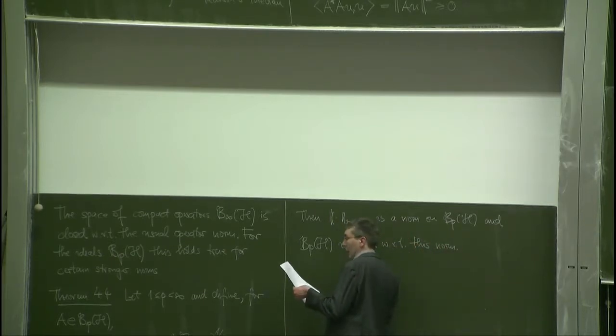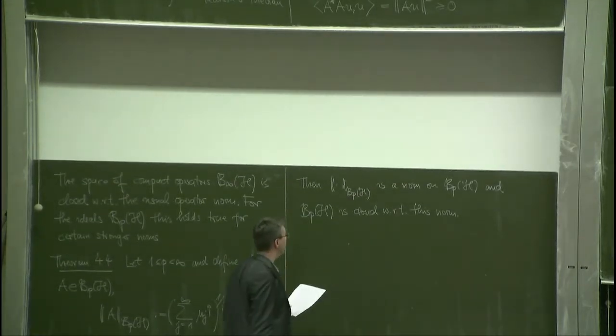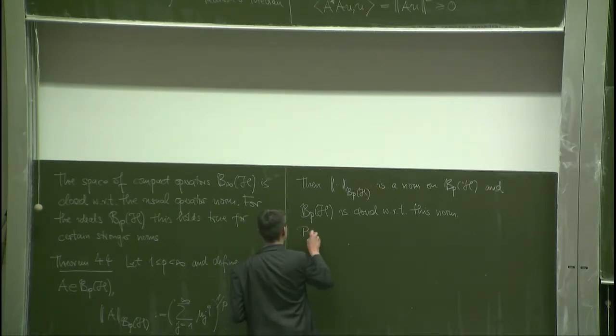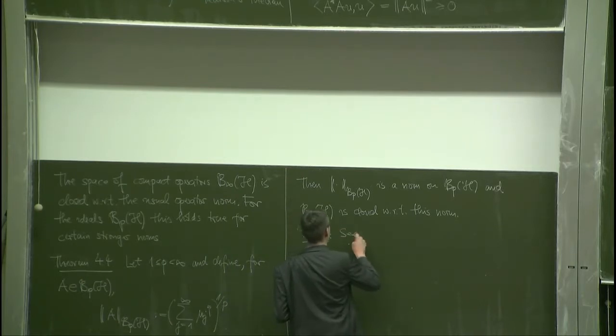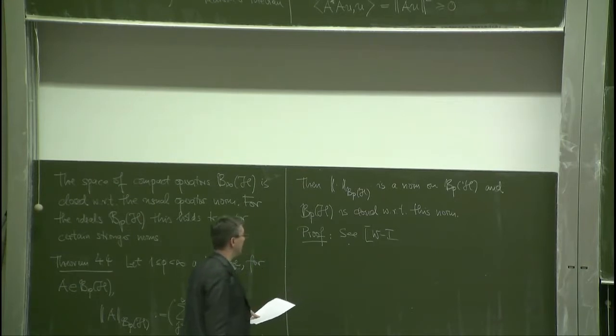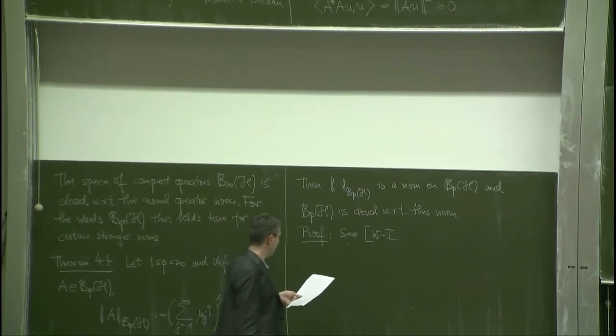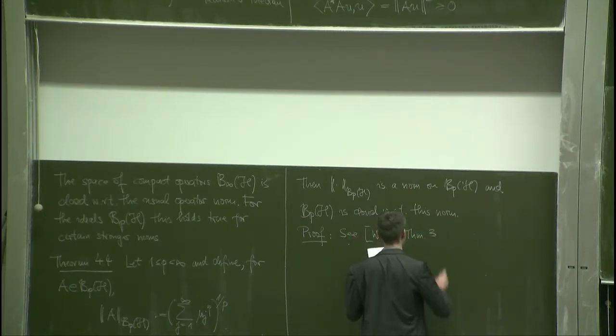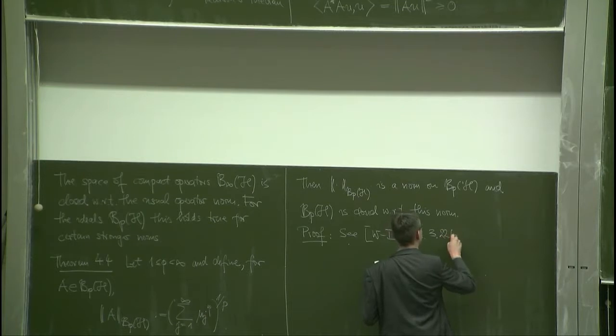And again, I only give a reference for the proof as it's in some sense standard. So if you're interested in a proof of the statement, then you can look in Weidmann's book, Joachim Weidmann, the first volume of this, and there you find it in theorem 3.22b.